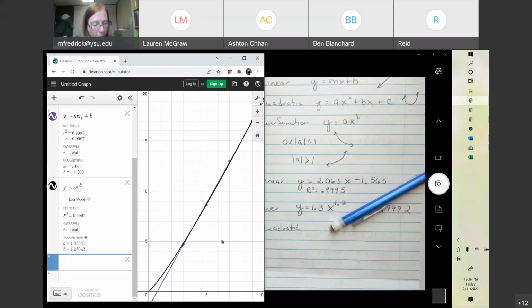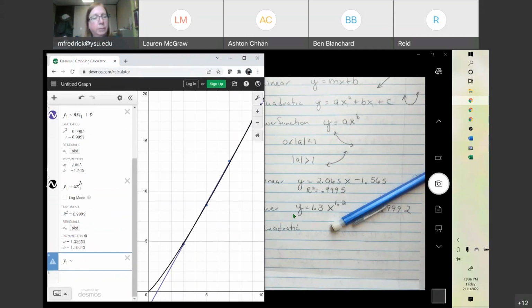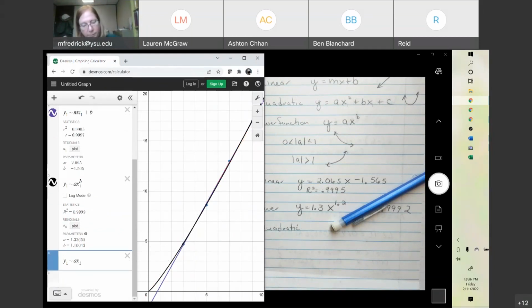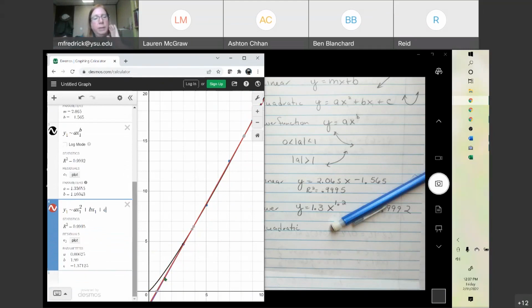We're going to put our y1, and then the little squiggly line, and then ax1 caret squared plus bx1 plus c. And that's our red line.